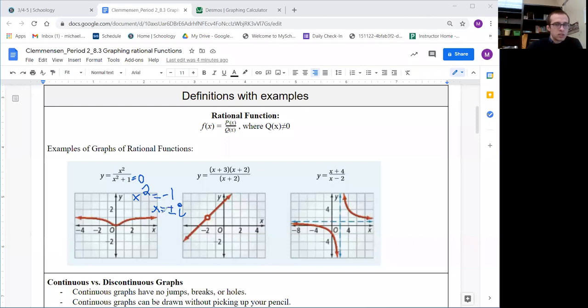Since x equals plus or minus i, the solutions to the bottom would be imaginary numbers, and imaginary numbers aren't on our coordinate grid. There's no imaginary point anywhere on here. There's no point where we're going to have a hole or anything. It's still going to have this weird graph like this.